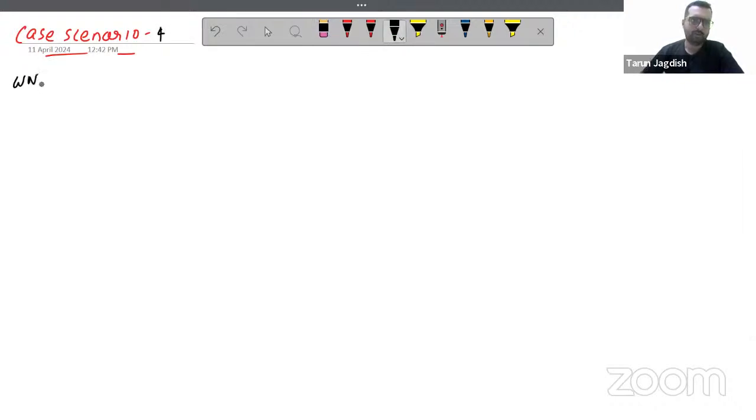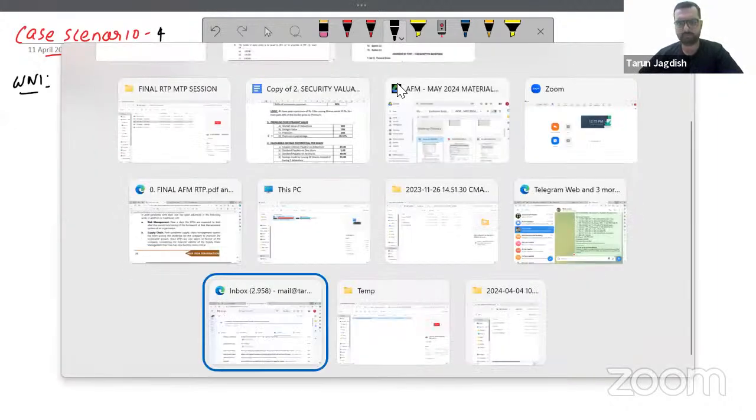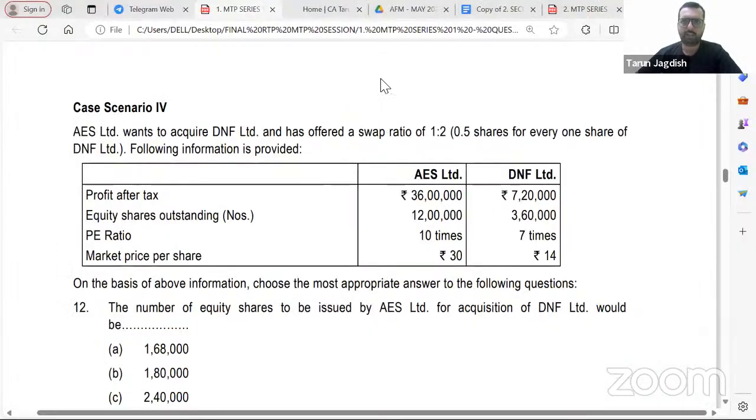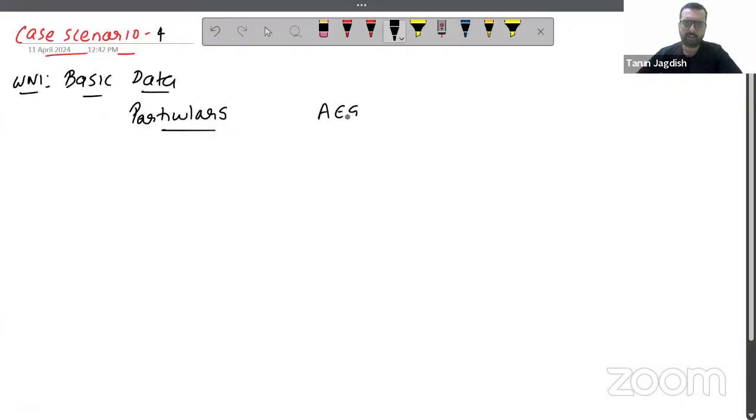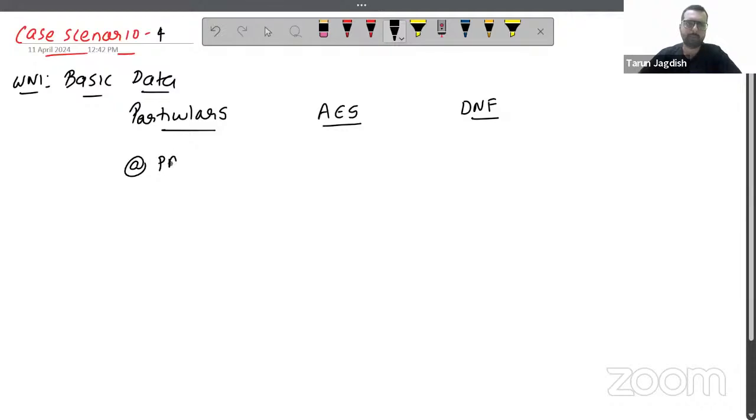First, I'll write down working note number 1. Basic data. Particulars. You have AES and DNF. Okay, they have given the PAT.